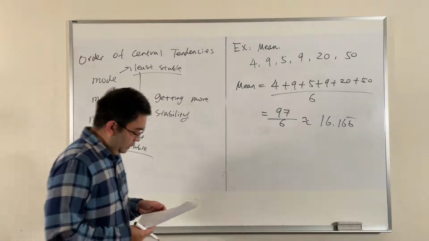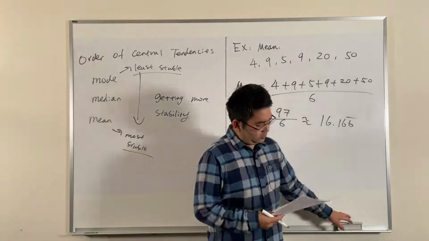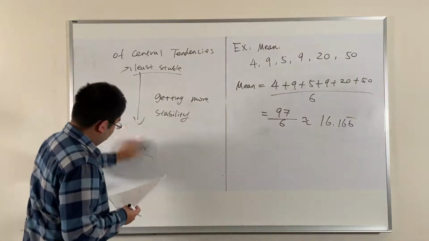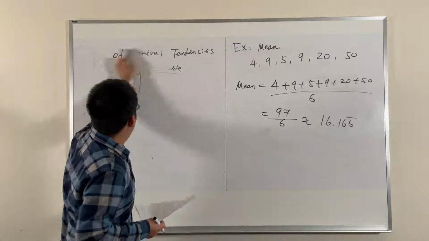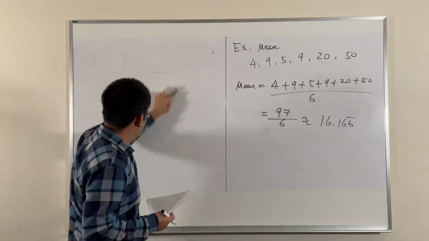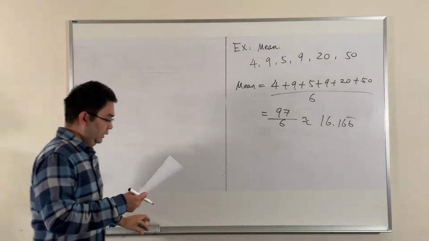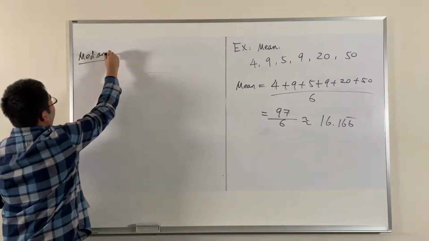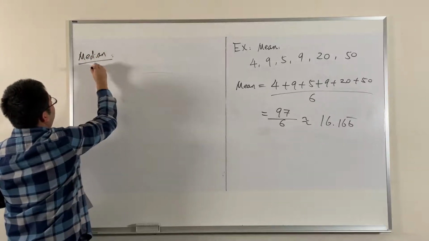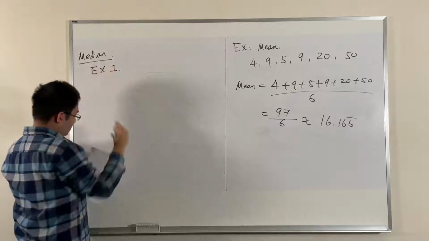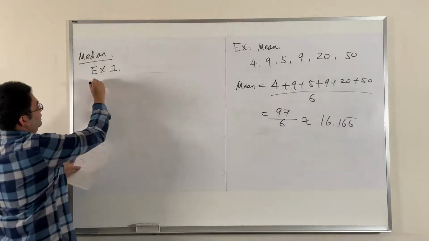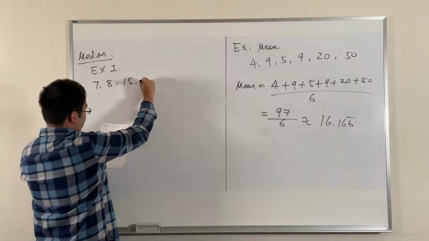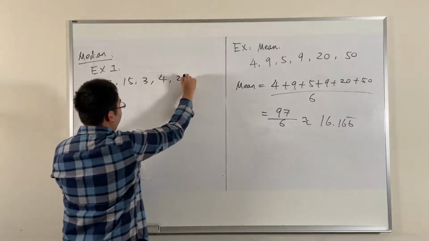Okay, cool. Next, we want to find the median. For the median, I'm going to give you 2 examples. Example 1: 7, 8, 15, 3, 4, 23, and 2.